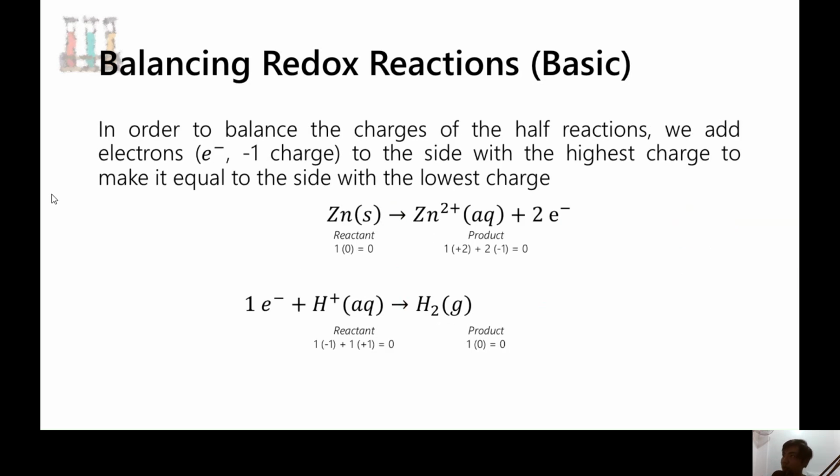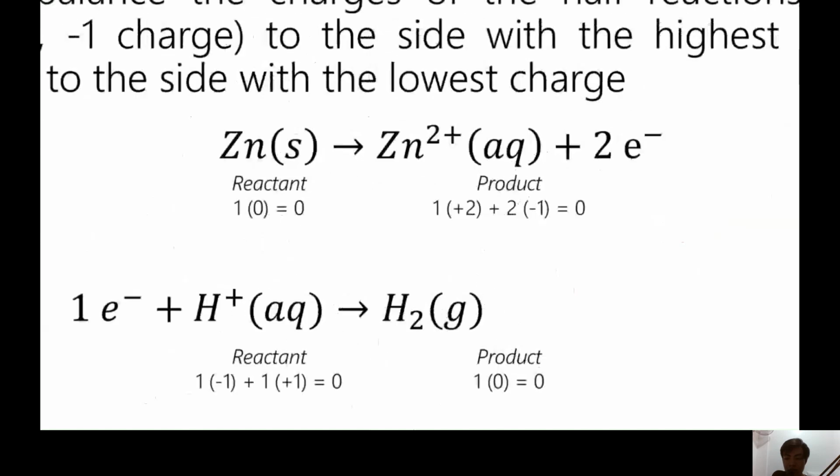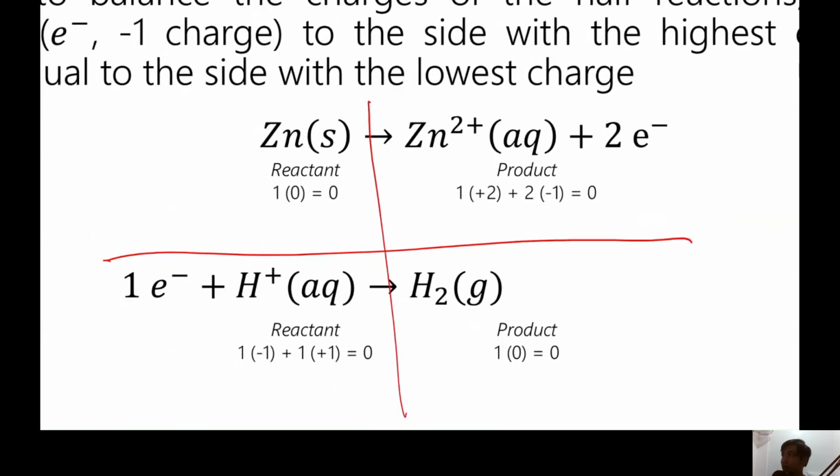Okay. So, in order to balance the charges of the half reactions, we add electrons, which are -1 in charge, to the side with the highest charge. So, let's do that.